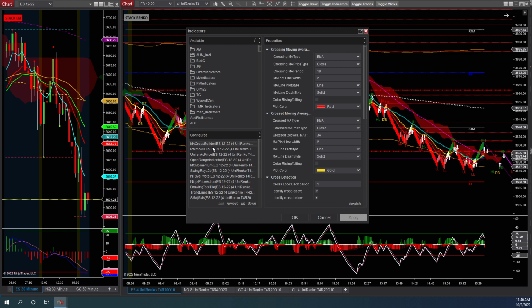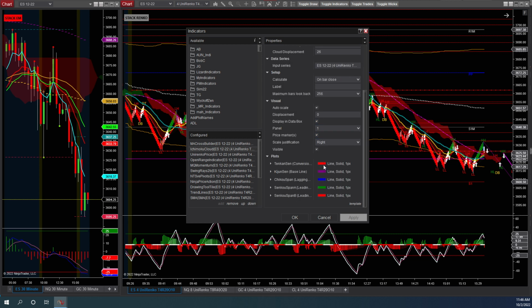So the cross builder is a moving average indicator, so this one would be fine. The Ichimoku cloud, I'm going to make it not visible. There's another video for the Ichimoku cloud that you can see. I'm going to put the link up here, right in this area.